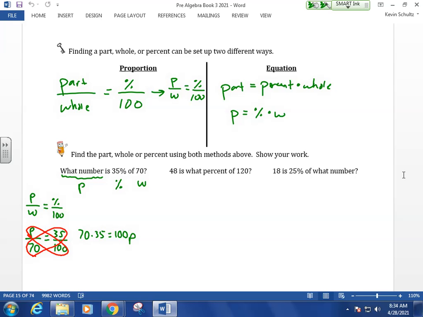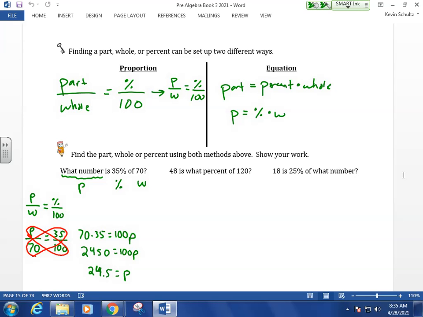That gives us 2,450. To isolate the variable, we're going to divide both sides by 100. And we get 24.5 as our value for the part.